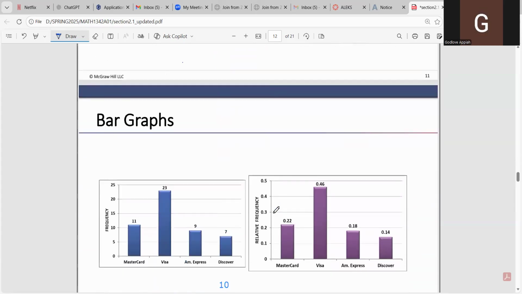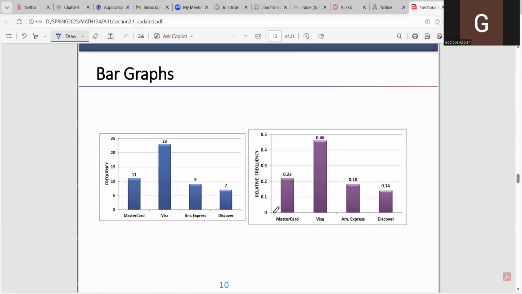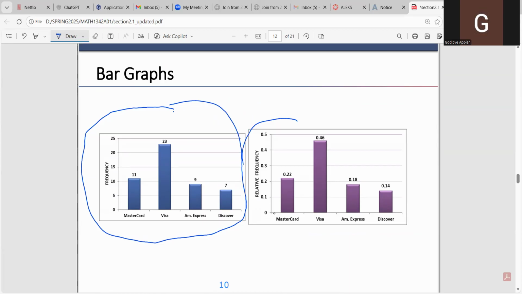So now I've actually provided both graphs over here on this slide. The first one here is the frequency bar graph, and this is the relative frequency bar graph. As you can see, these two graphs are identical. There is no difference between these two graphs.